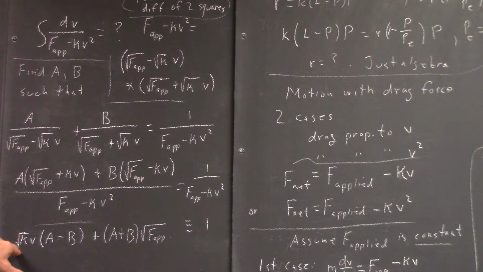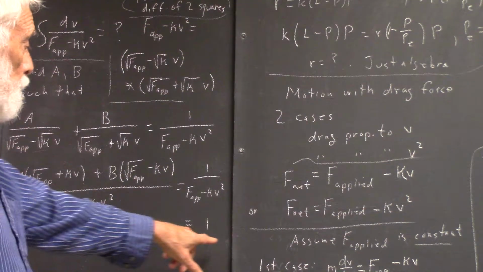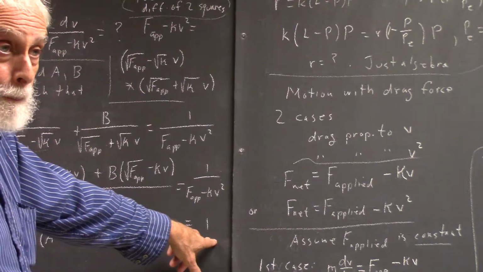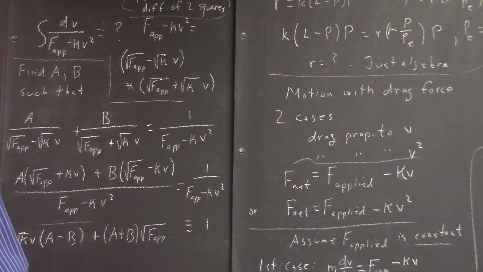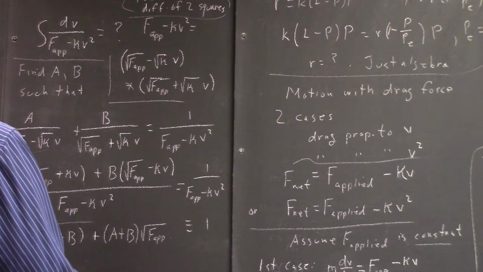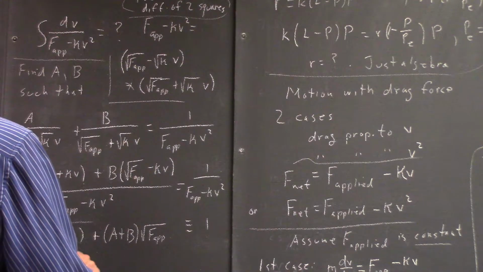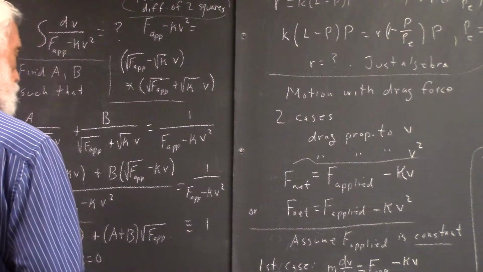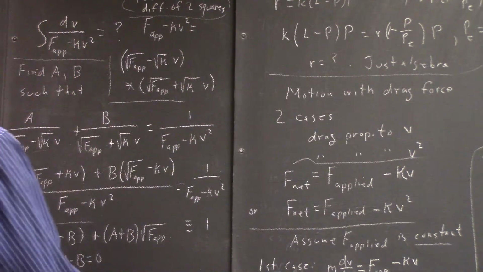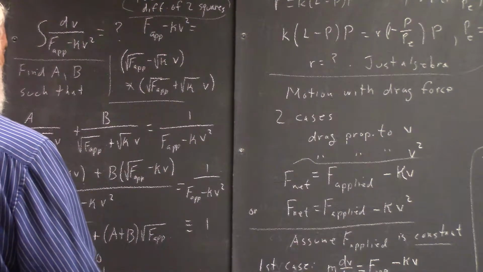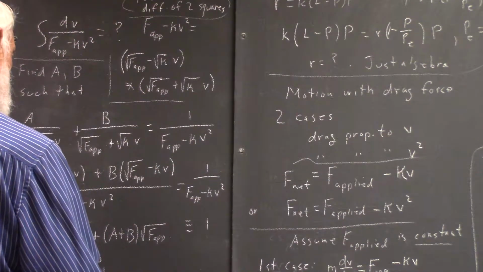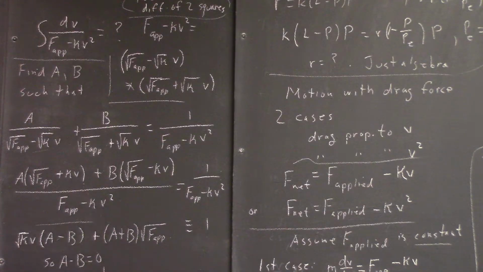We rearrange this, we have all the v terms over here, right? Because anything we multiply by v has to equal whatever the coefficient of v is over here. And there's no term over here with the coefficient of v, so a minus b has to be 0, and a plus b equals 1 over the square root of f app.